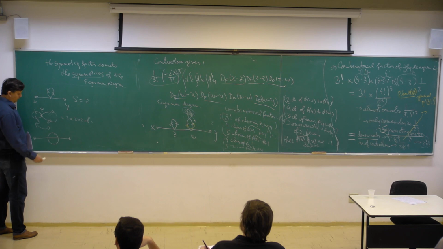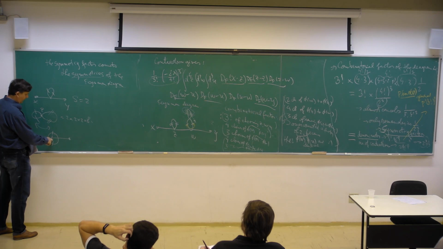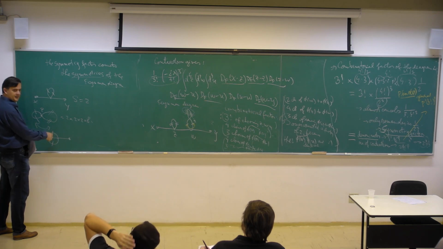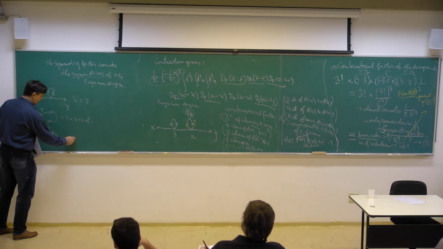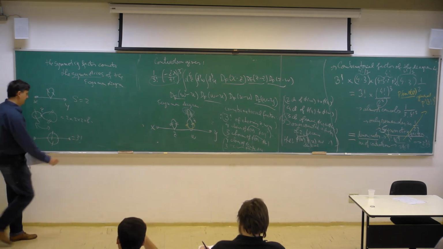Well, what are we supposed to interchange in here, do you think? The lines, right? But there are 3 lines. Here there were 2, but now there are 3. And it doesn't matter how I interchange them, I still get the same thing. So this is 3 factorial, the interchange of 3 lines. So that's 6.